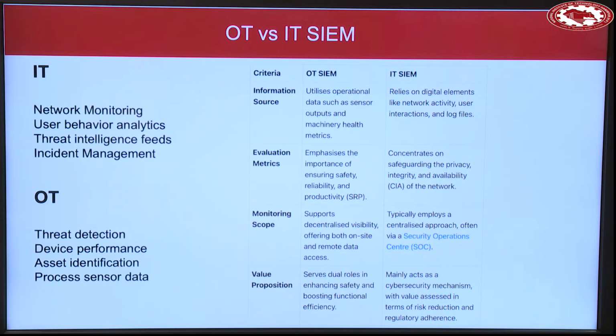Evaluation metrics emphasize the importance of safety, reliability, and productivity. So as we discussed, most OT systems come with a safety system built in. In the worst case, the safety system activates and it disconnects the system, right, in order to mitigate the massive damage.